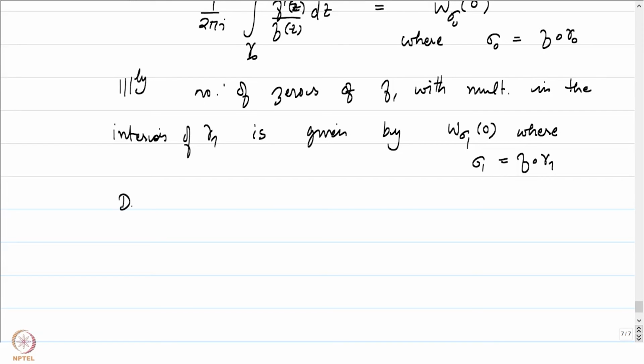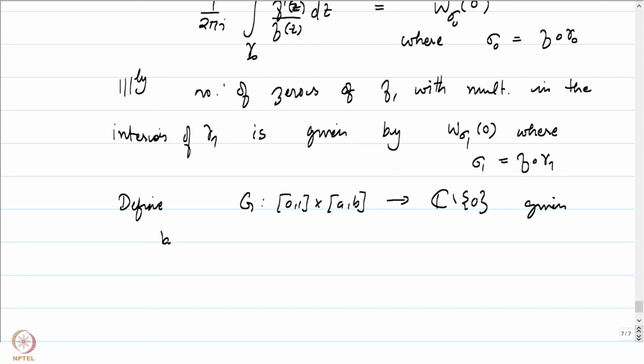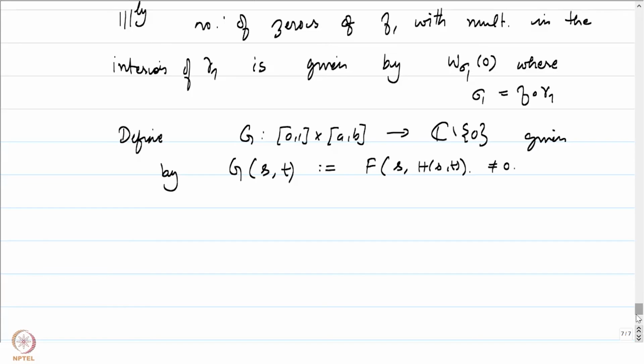So, let me define a new function g from [0,1] cross [a,b] into C minus 0, given by g of s comma t equals f of s comma h of s comma t. Notice that we put the condition that this is not equal to 0, and being a composition of continuous functions, g is a continuous function.